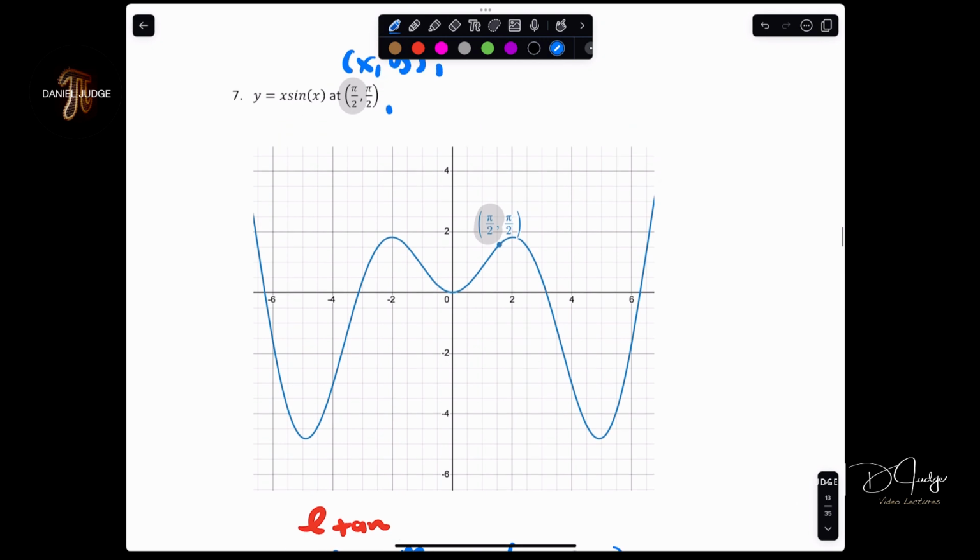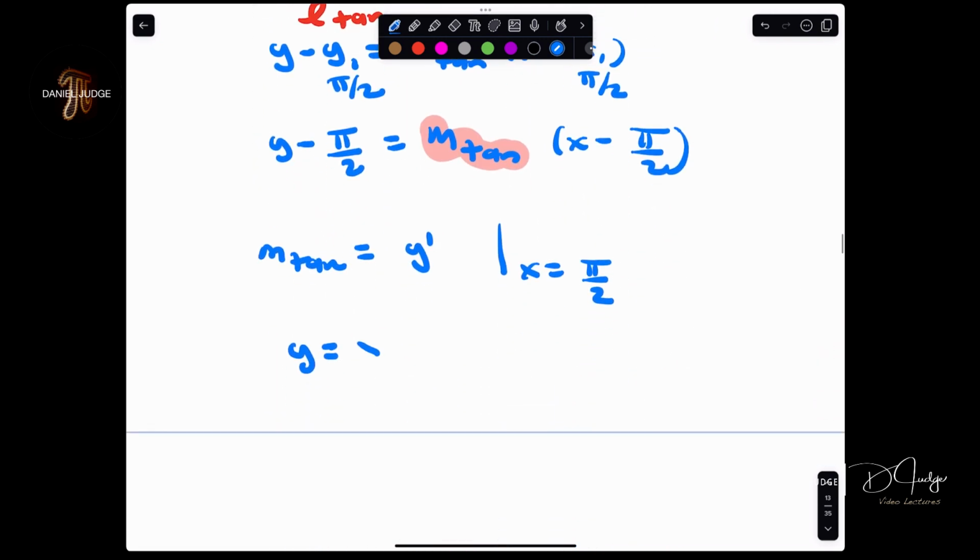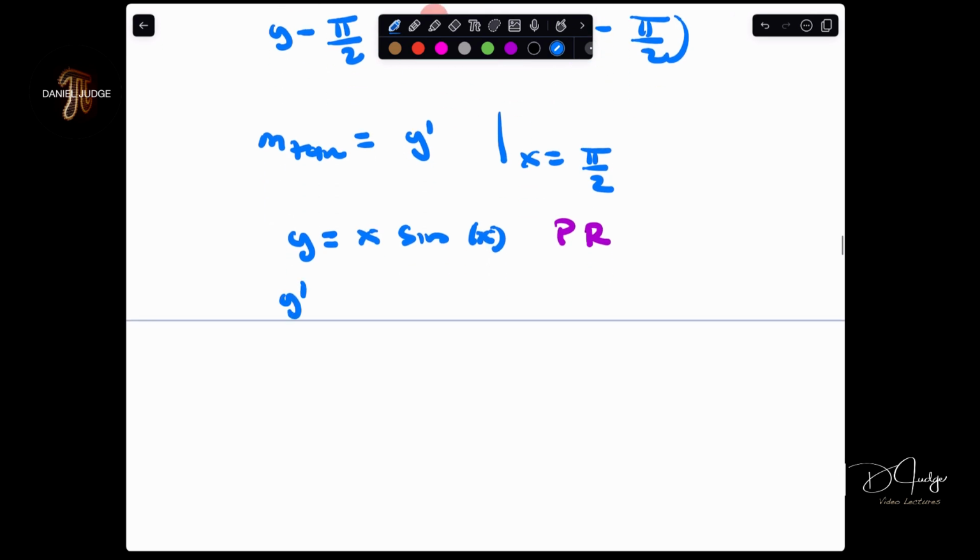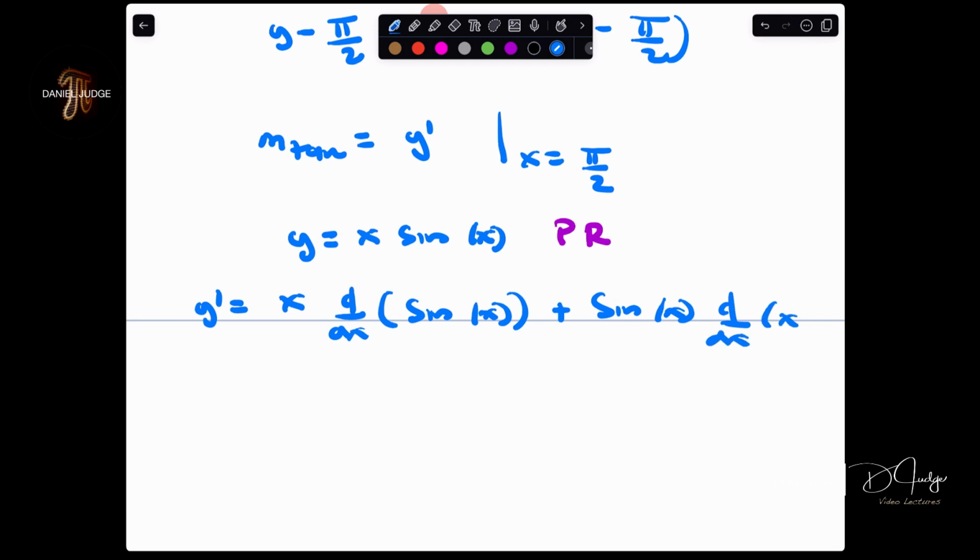The function y is x sine x. So we're going to have to use the product rule, PR for product rule, when we get our derivative. So y prime will be, let's move it all the way over here. x, the derivative of sine, plus sine, the derivative of x.